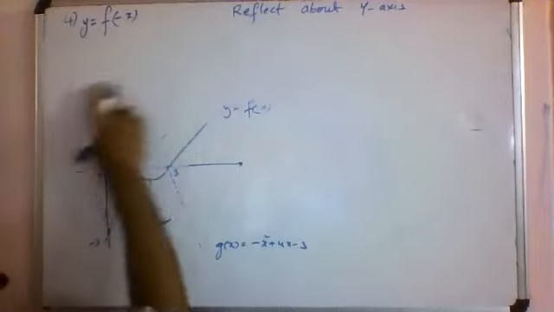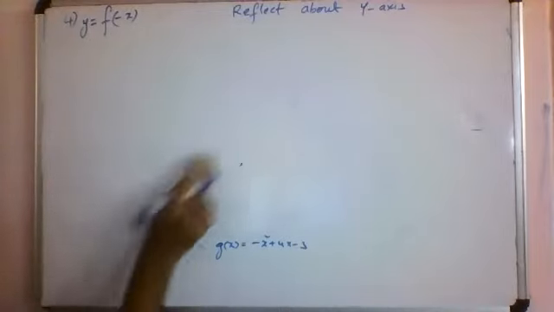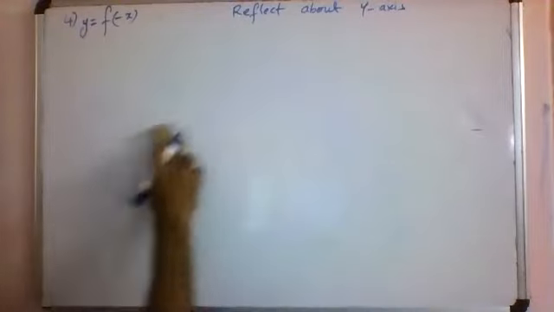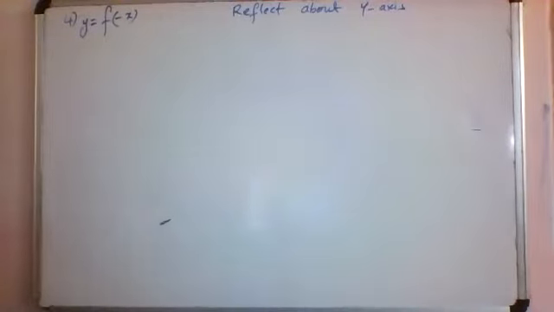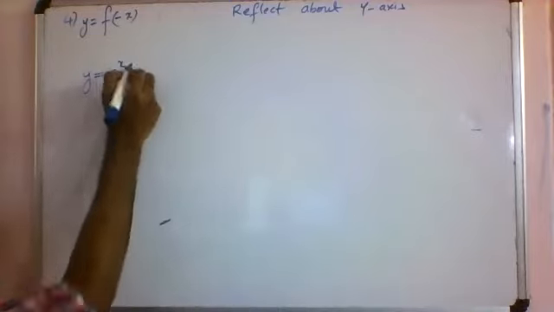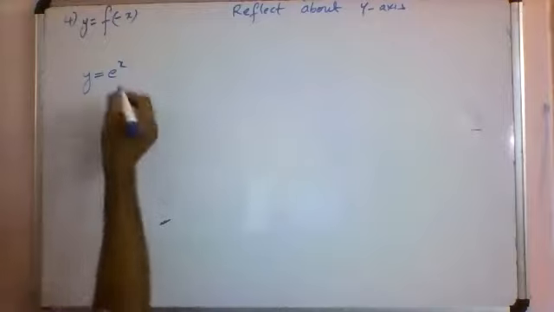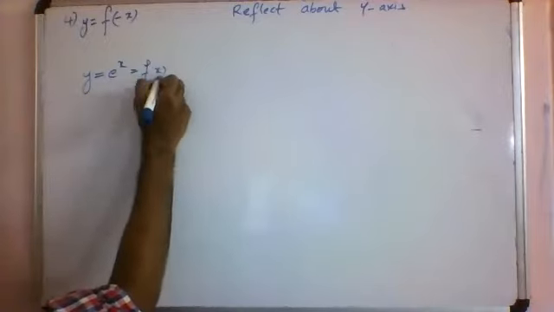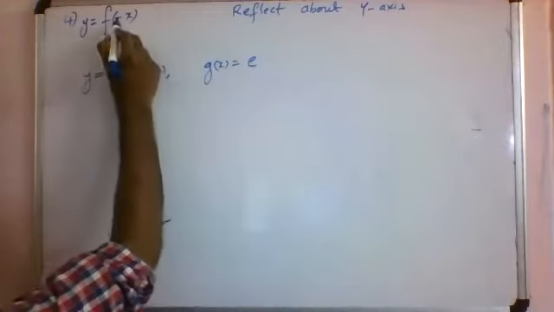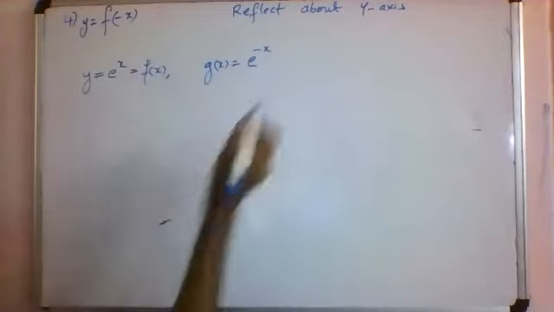We can understand this by one example. I take y is equal to e power x. Let this be f of x. Now I want g of x as e power, in the place of x, I have to put minus x.